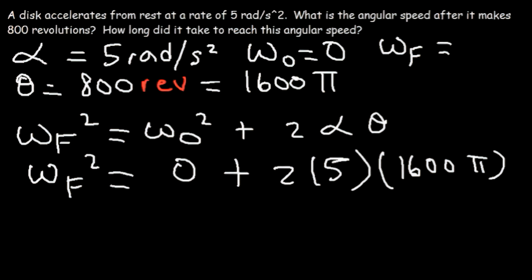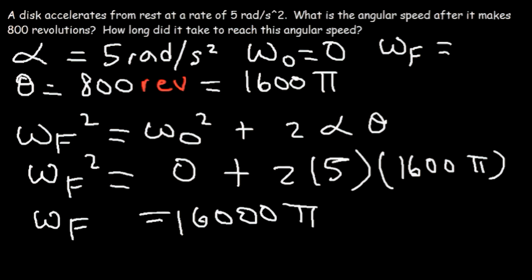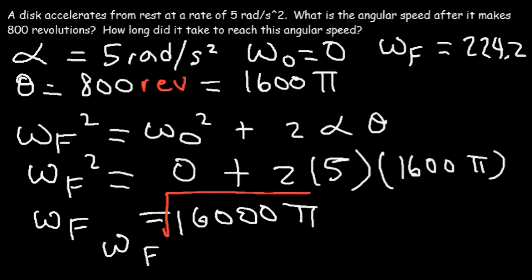So 2 times 5 is 10, and 10 times 1600, that's 16,000 pi. So now to find the final angular speed, we need to take the square root of both sides. And so the final angular speed is 224.2 radians per second.